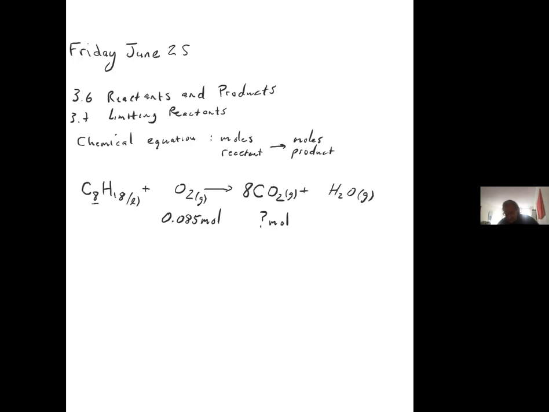18 hydrogens. The idea is that there's some number in front of the water, I'll call it N, that we can put so that that number times 2 is going to equal the number that we have on the left side. So really, you're just doing basic algebra, right?